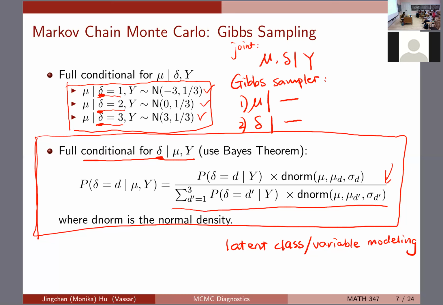But if you introduce this delta, thinking of it as some latent variable telling you which component you sample from, then it is really like a latent class idea that given different latent class indicator, I'm gonna sample from a different normal. So this is the general idea. The challenge, of course, right now is how to get a full conditional for this latent class indicator.